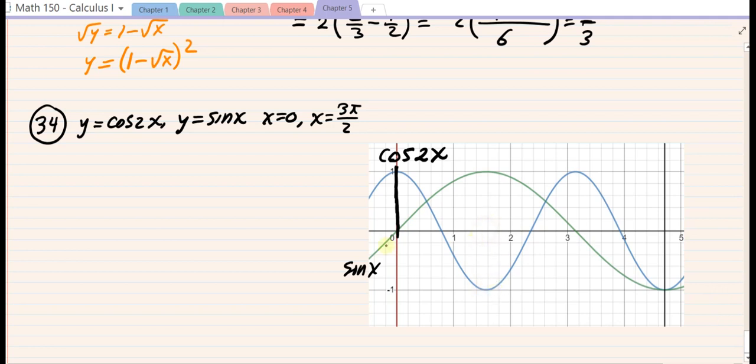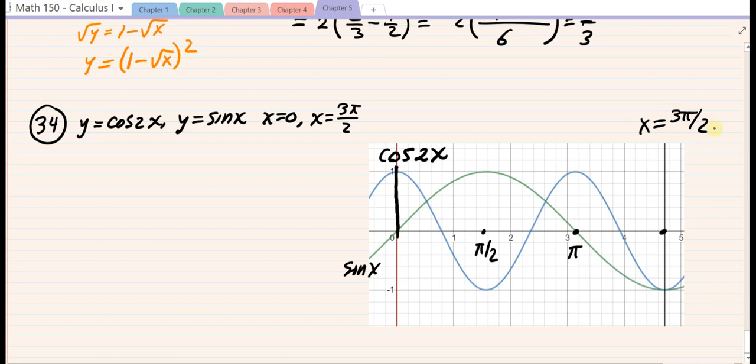Looking at the sine, that's where it's pi. And this would be pi over 2. Right in here I have the vertical line drawn at 3 pi over 2. Okay, that looks better now.